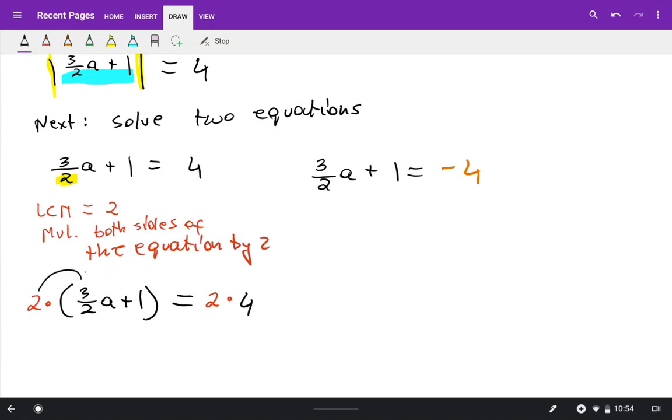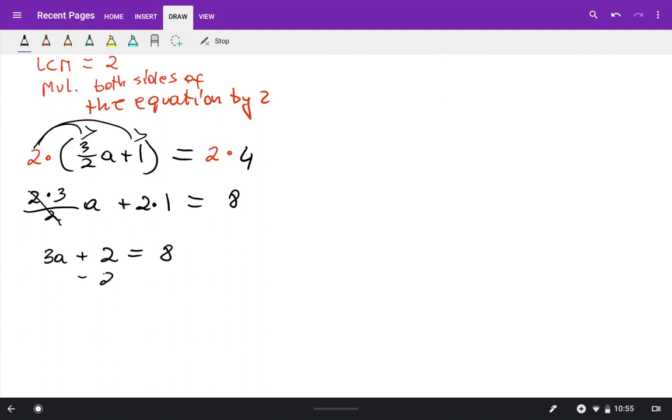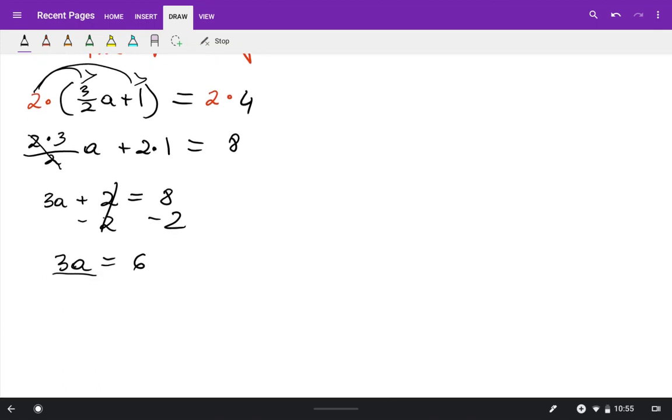Now I'm just going to distribute. So we have 2 times 3 over 2a plus 2 times 1 equal 2 times 4, which is 8. The 2 cancels, so we end up with 3a plus 2 equal 8. Now we subtract 2 from both sides, and we have 3a equal 6. Divide each by 3, and we have a equal 2. So that's the first solution.